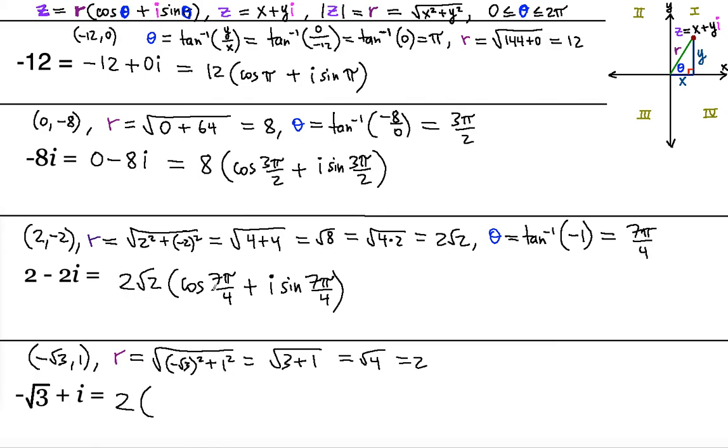Now we need to find the argument theta. Just judging by this point here, negative radical 3, 1, or we can think of it as negative radical 3 plus i, we have to be in quadrant 2 of the complex plane.